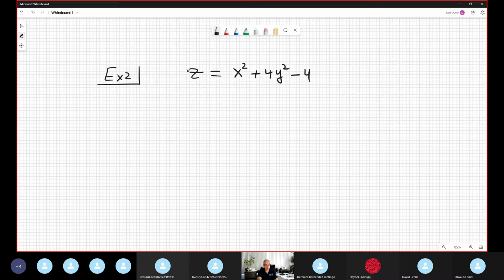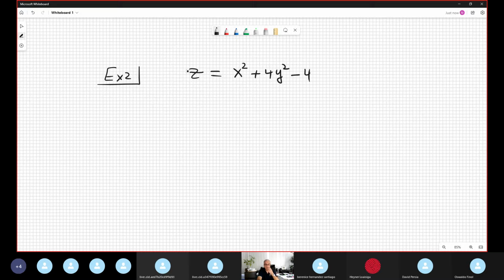Identification: what is the surface that this represents? Is it an ellipsoid, hyperboloid, cone, paraboloid, or hyperbolic paraboloid?